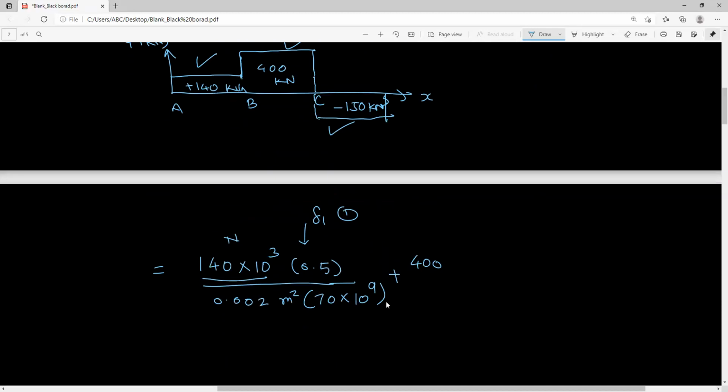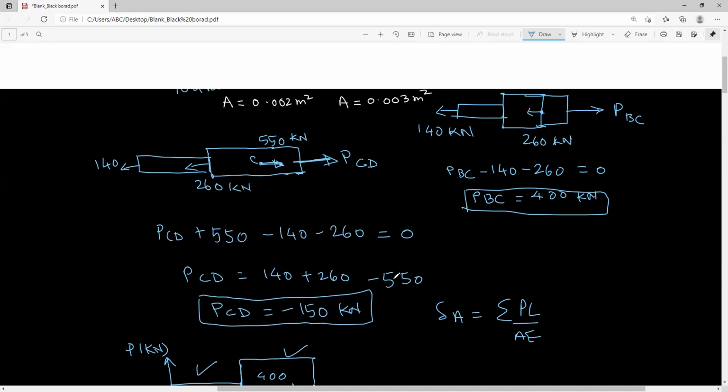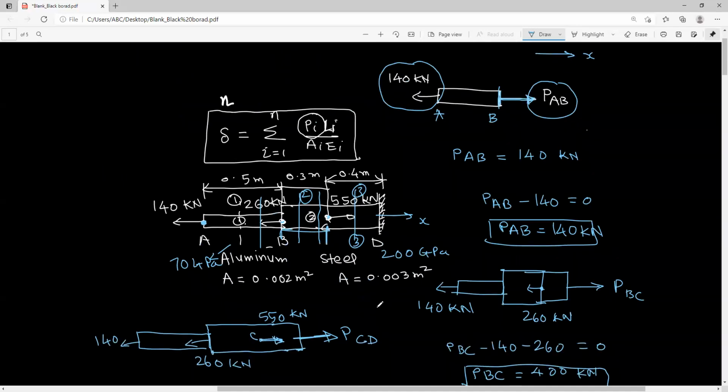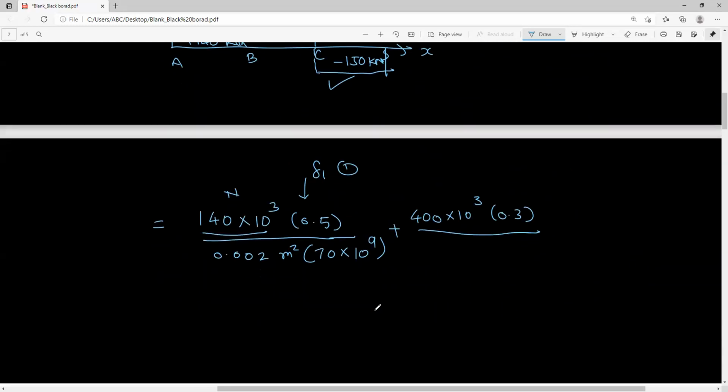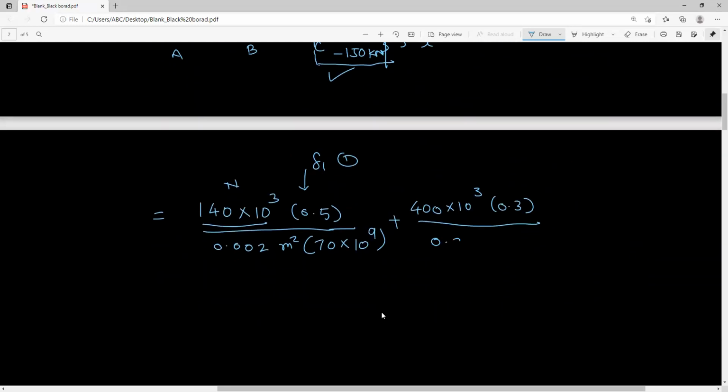So 400 into 10 to the power 3, that is Newton, 0.3 meter. And you can see here the cross-sectional area is 0.003, 200 gigapascal, and we have to convert into pascal, this is 10 to the power 9. Okay, this is from the second part.